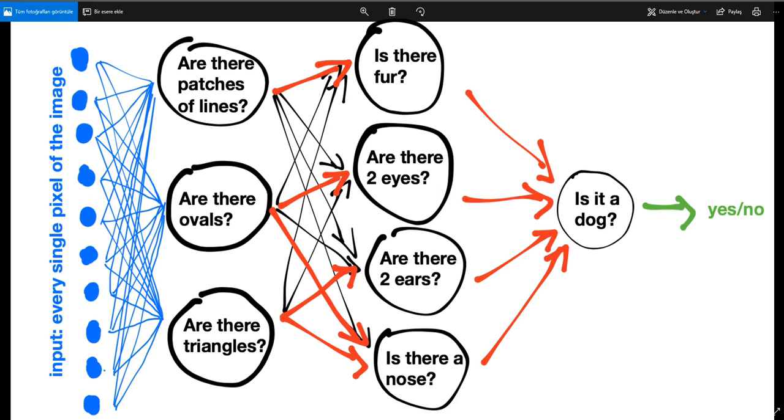Are there patches of lines? Are there ovals? Are there triangles? And in another layer, the first layer and second layer here, the question is more classified. Are there two eyes? And deciding is it yes or no.